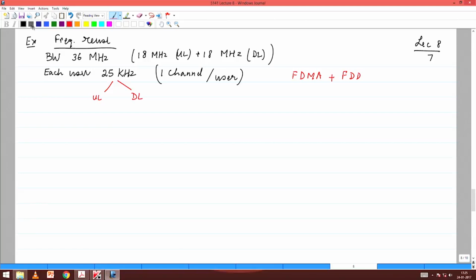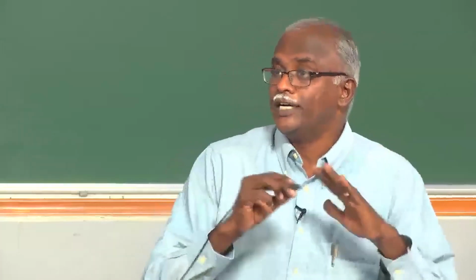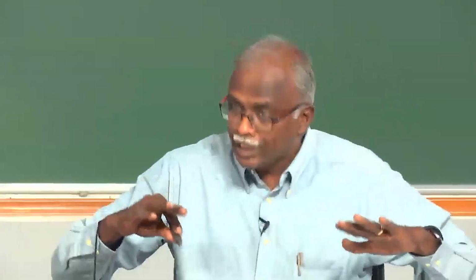So, if I were to ask you to tell me the number of channels available, it would be 18 megahertz divided by 25 kilohertz, which is 720 channels. Okay. Now, if you remember, when we talked about a cellular system, there are certain channels which are only reserved for control information.